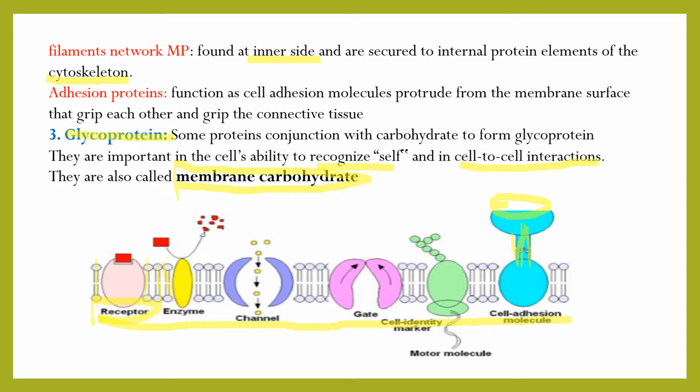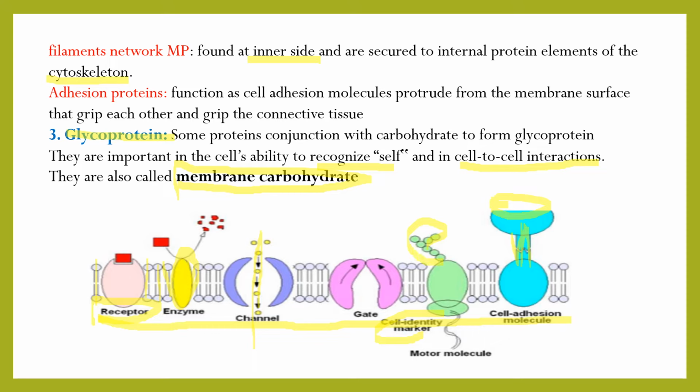These are enzymes. These enzymes catalyze chemical reactions on either side of the membrane. This is a channel through which ions pass. These are cell identifying markers, specifically these glycoproteins.